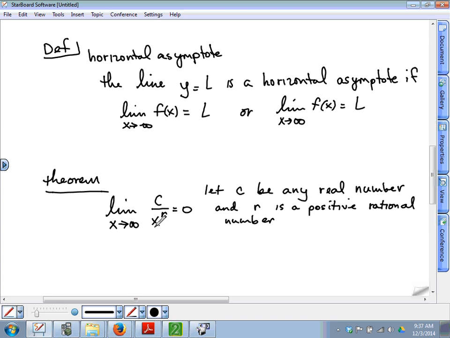So what's eventually going to happen to this ratio right here? The fraction is going to get smaller and smaller. Eventually, what's the fraction approaching? The ratio itself is approaching 0 because you have a small number divided by an increasingly larger number. So that ratio is just going to get closer and closer to 0. So, does that make sense? Yeah. You can think about it that way. Okay.